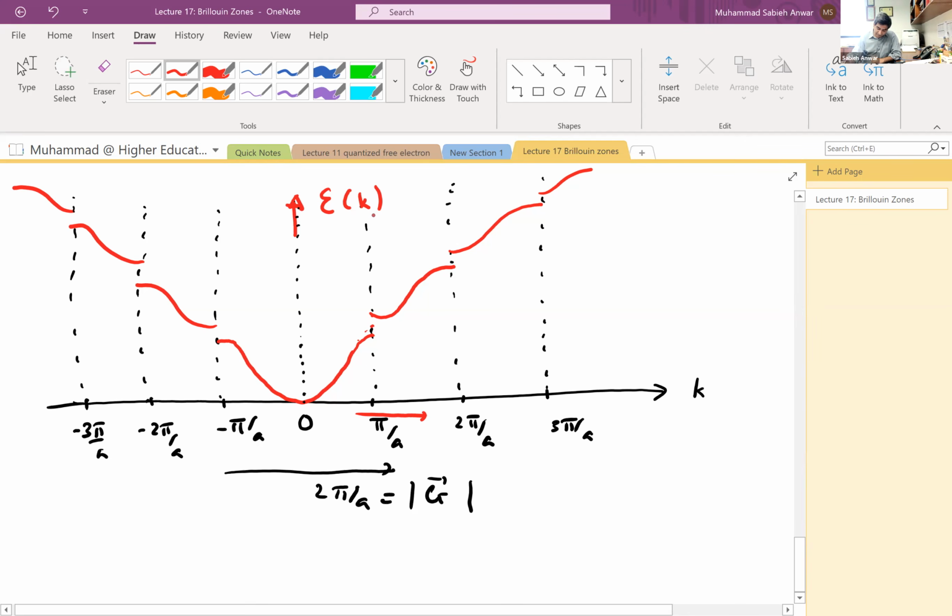Now we're looking at the convention where we start our counting or zoning from the zero of the K space. So we have a symmetric arrangement of k points above and below 0.